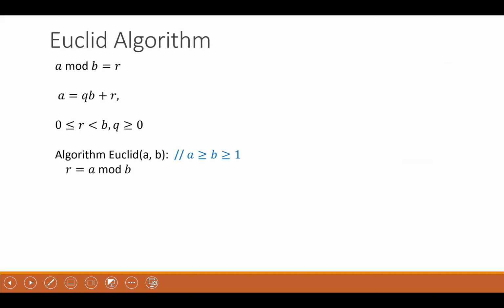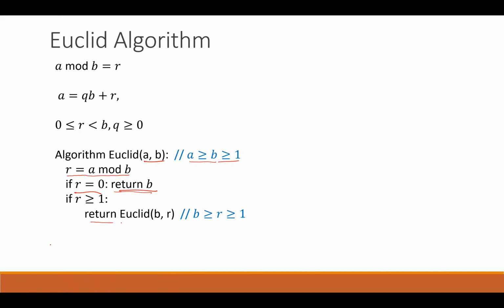Okay, so here is Euclid's algorithm. Given two arguments A and B, where A is at least the size of B and B is at least 1. So A has to be greater than or equal to B. I take the remainder R of A mod B, and if R is equal to 0, I return B. So in this case, B is the greatest common divisor of A and B. Or if R is at least 1, I'm going to recursively call Euclid on B and the remainder.